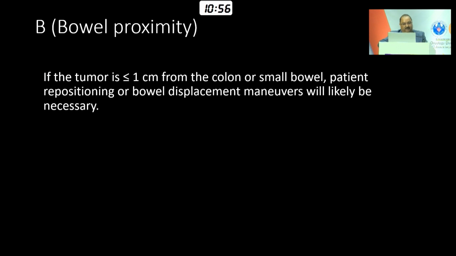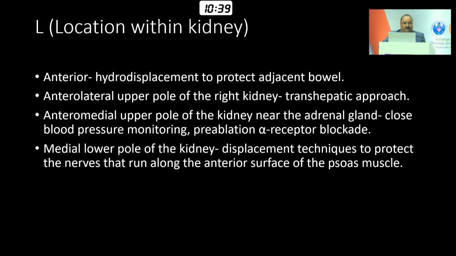Another important parameter is proximity to bowel. If the tumor is close to bowel and the distance is less than 1 centimeter, we do a separation technique, hydrodissection, or increase the distance by maneuvering the patient position on the table. Location within the kidney is also important. With anteriorly placed tumors, bowel is usually close, so we do a separation technique.